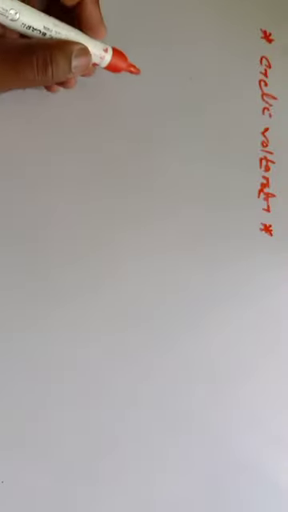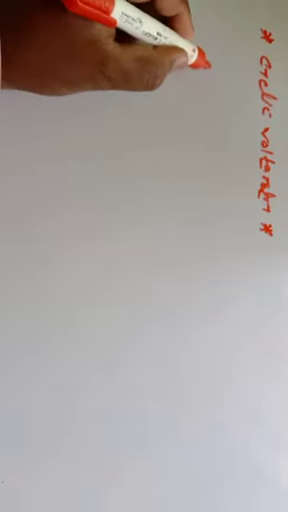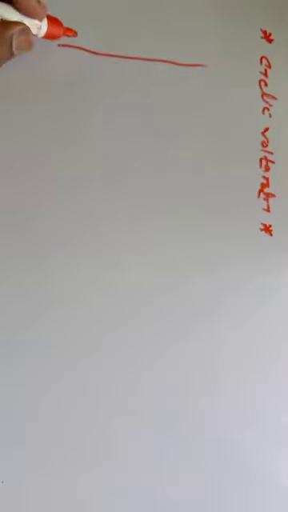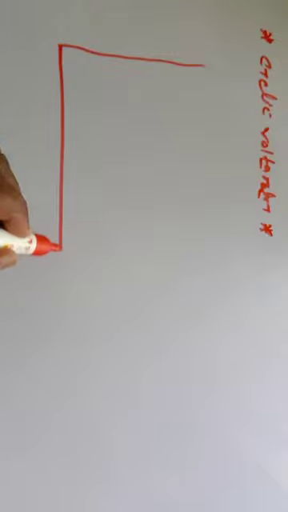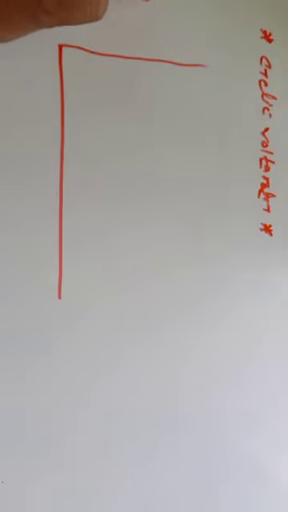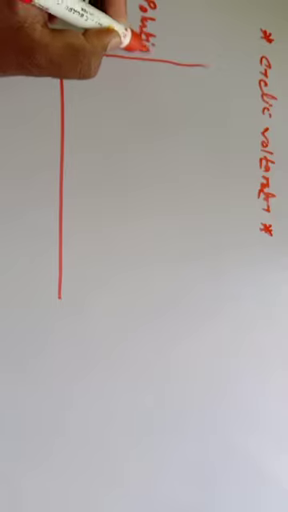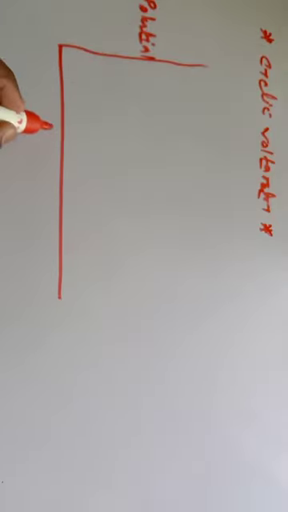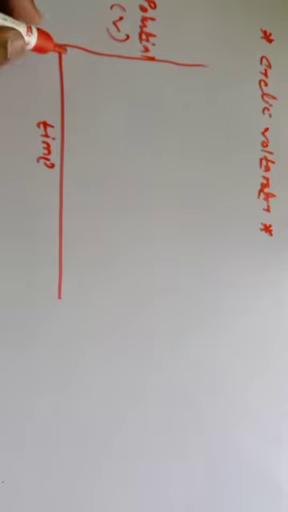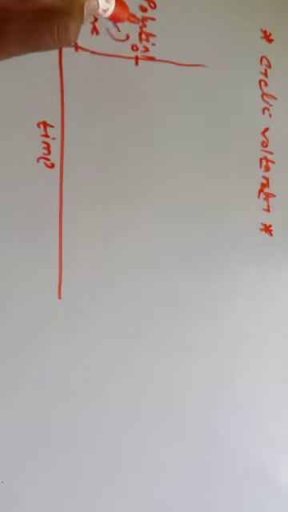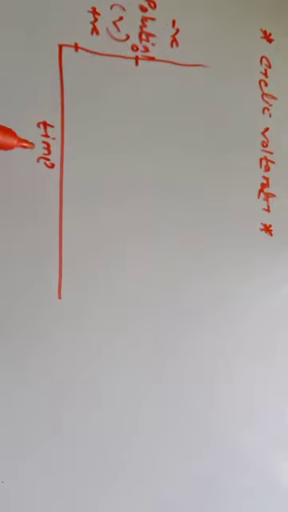If you plot a graph of potential versus time, with potential having a unit of volt, we can start from positive potential. Here the potential is positive, up to this it is 0, and here a negative potential is there.